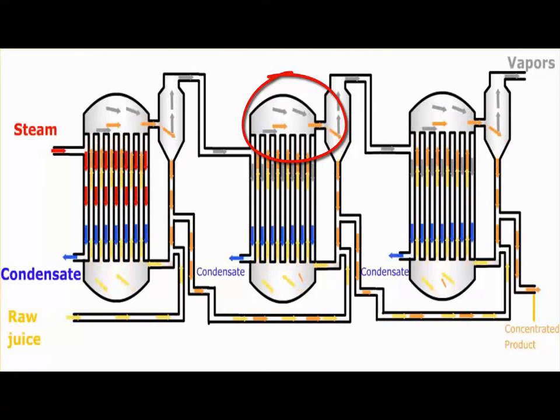This is done so that we can get the most concentrated material or juice as an end product. You can see in the picture that three single effect evaporators are connected together. We feed the raw juice from the bottom, while the concentrated product becomes the feed of the next component.